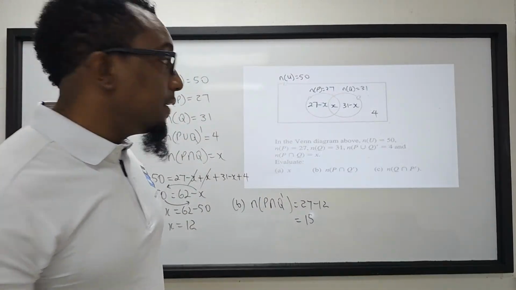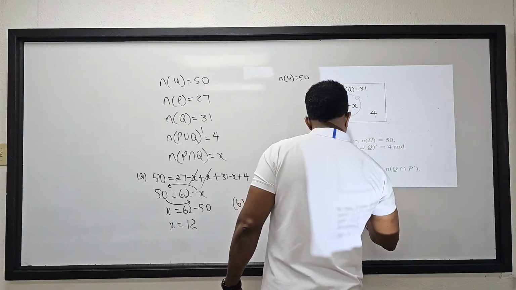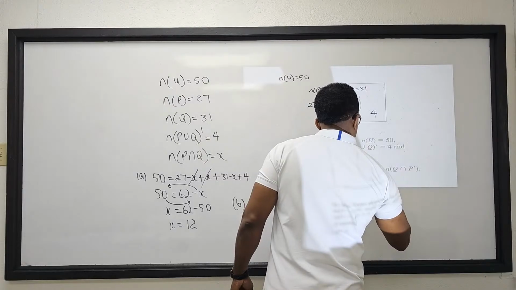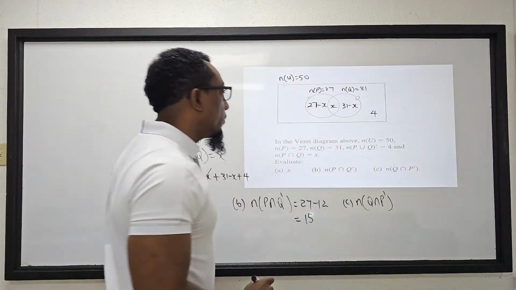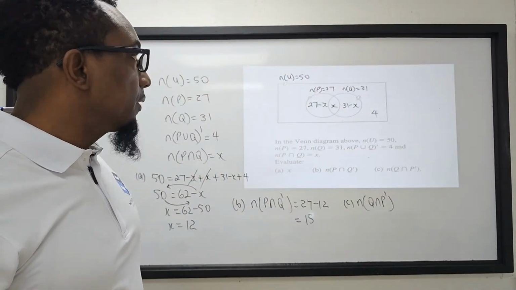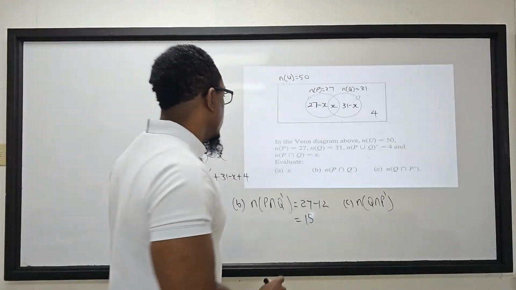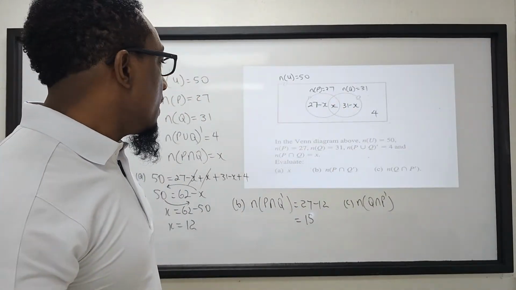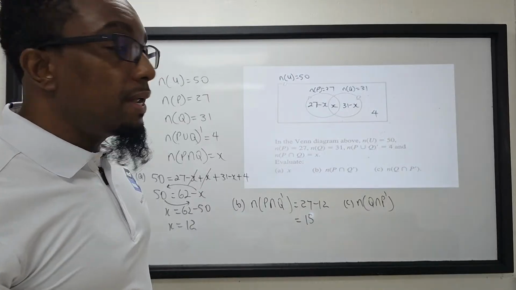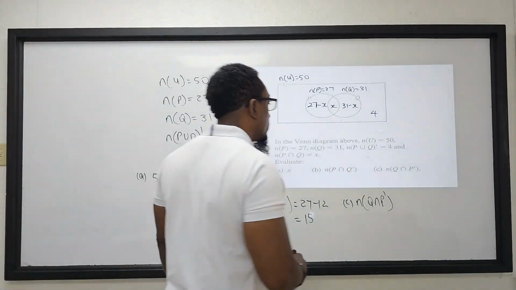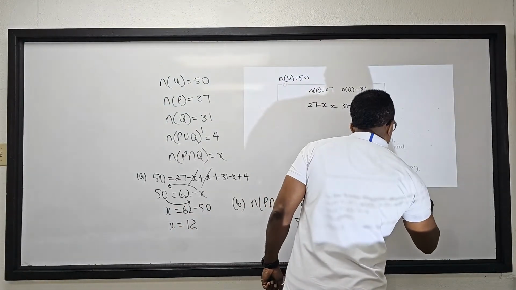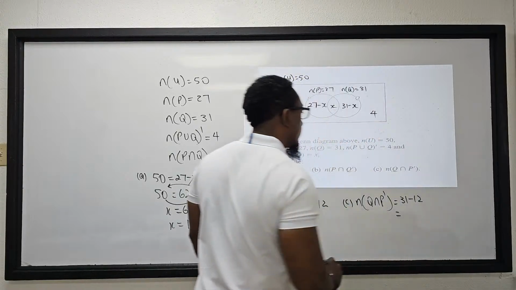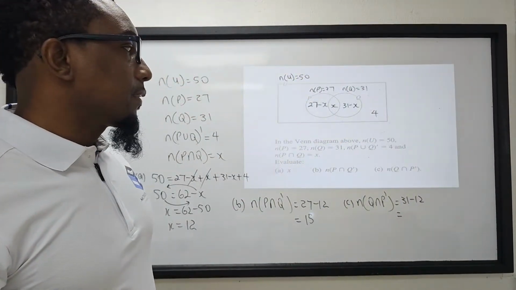And we have C, number of students who play the quattro only. The quattro only is here, 31 subtract x, and I know x is equal to what? 12. So all I have to do is to subtract 12 from 31. Yeah?